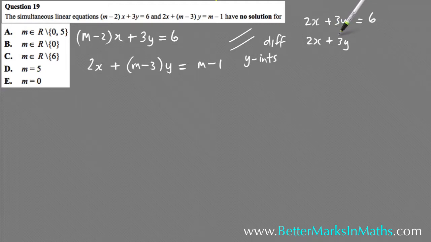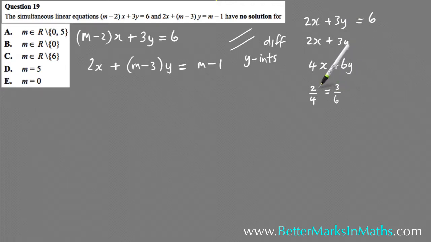So same gradients makes the lines parallel. When the equations are in this form, with the same coefficients of x or of y, or something like 4x plus 6y, that's really double this. The ratio of 2 on 4 is equal to a half, and 3 on 6 is equal to a half.